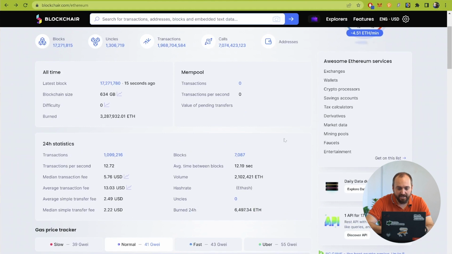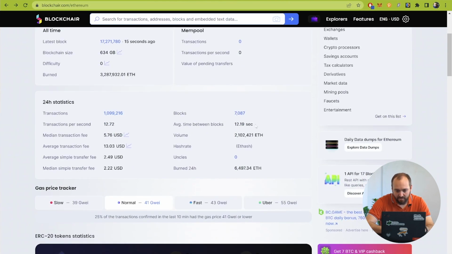make one step back and also check the average time between the blocks. If Bitcoin has around 10 minutes between the blocks, Ethereum has 12 seconds between the blocks.